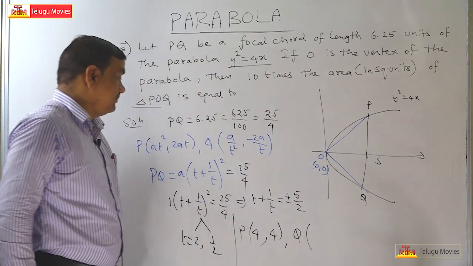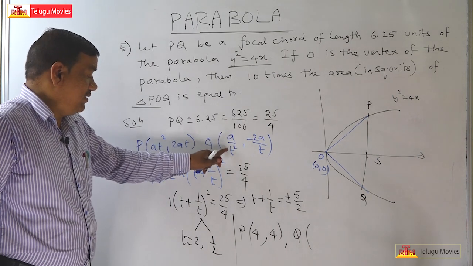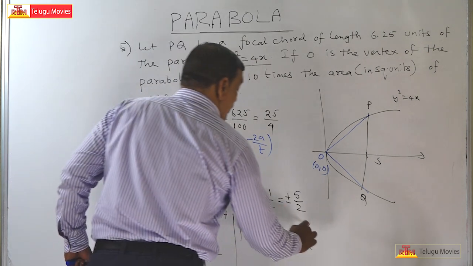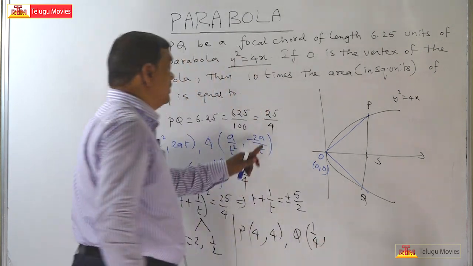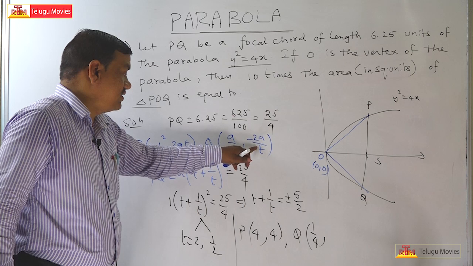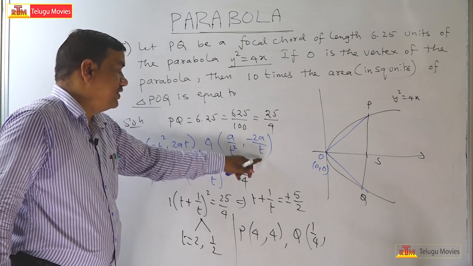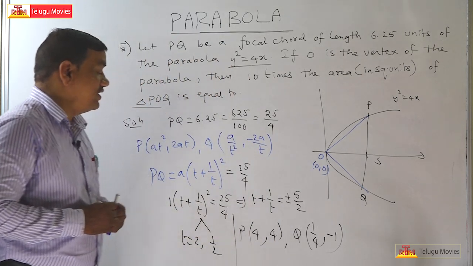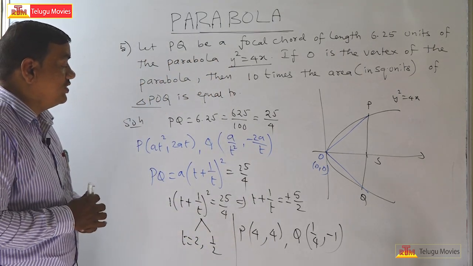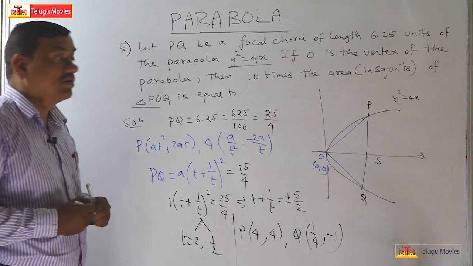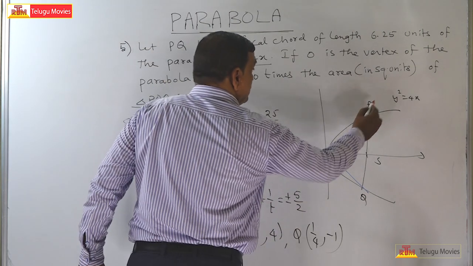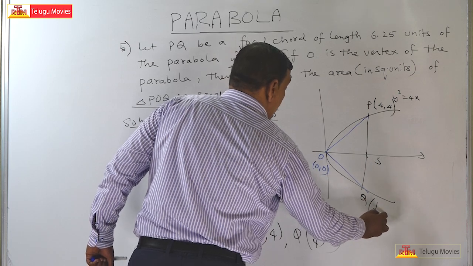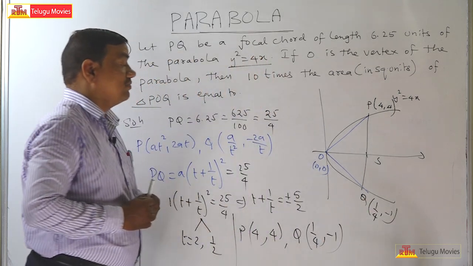Then Q is 1 by t square, that is 1 by 4, comma minus 1, since the a value is 1 and t cancels. So P is 4 comma 4, and Q is 1 by 4 comma minus 1.